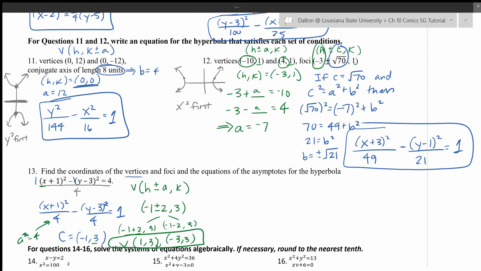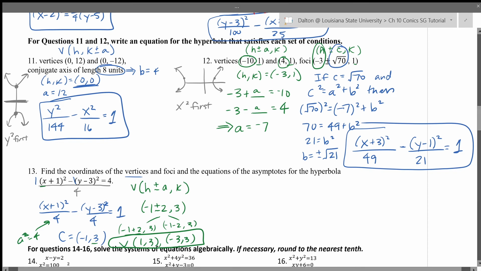Next is going to be the foci. The foci are given by the expression h plus or minus c, comma, k. Very similar to what we just did for the vertices, except we're adding and subtracting c from the h value. So we now have to go find c. Well, in a hyperbola, we know that c squared is equal to a squared plus b squared.